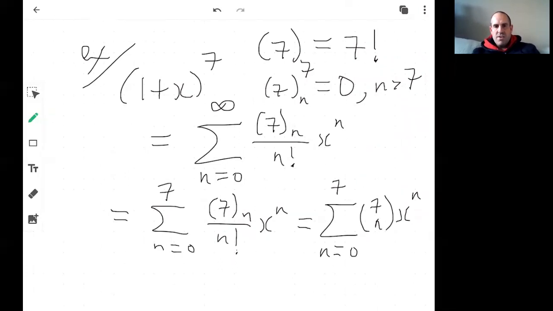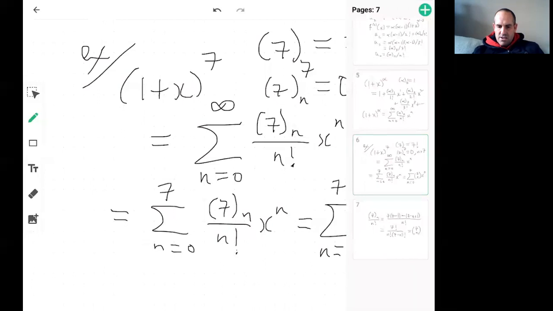So this verifies what we already knew for integer powers, but it extends it to non-integer powers, if you will. So that's interesting.